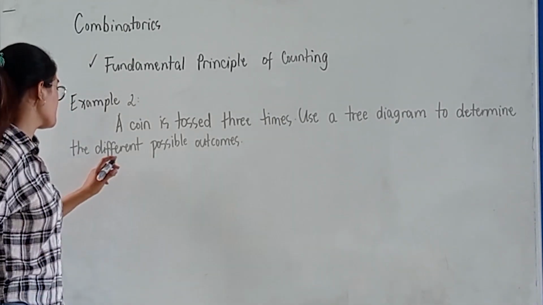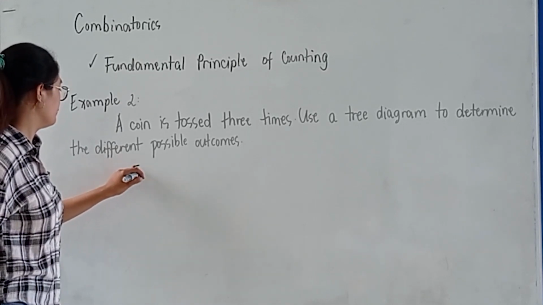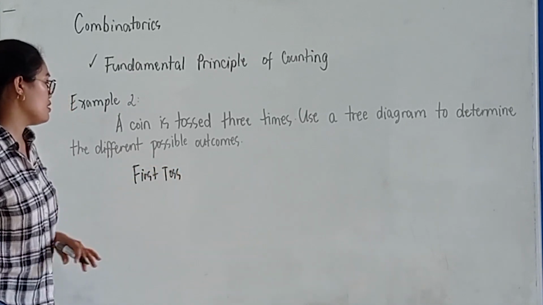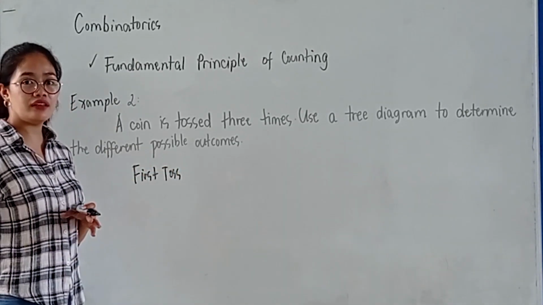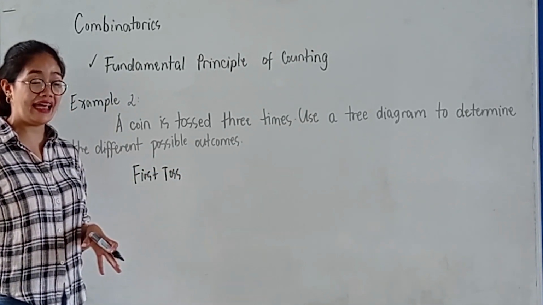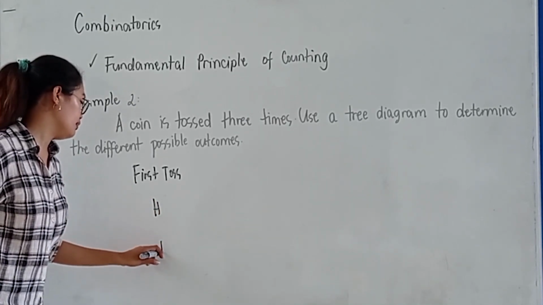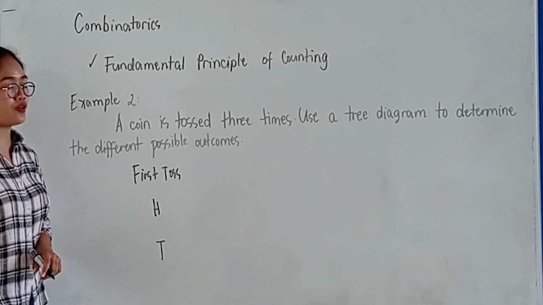For our first step, for each toss we have only two possible outcomes, either a head or a tail. You can have head or tail for our first toss.